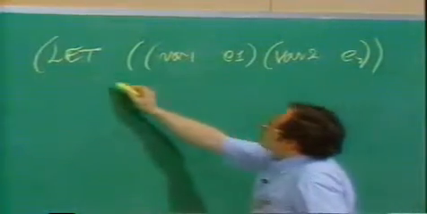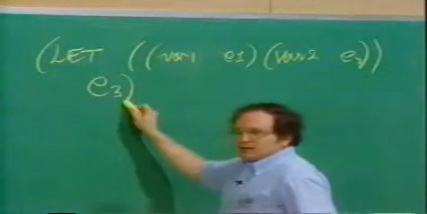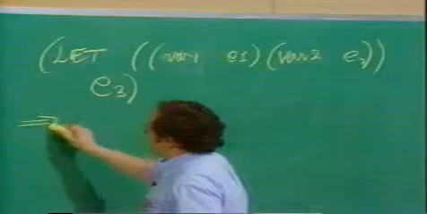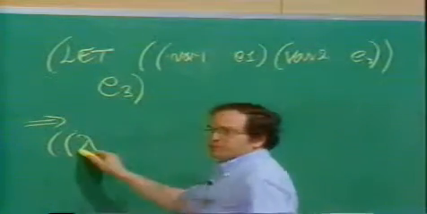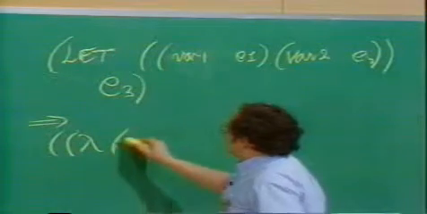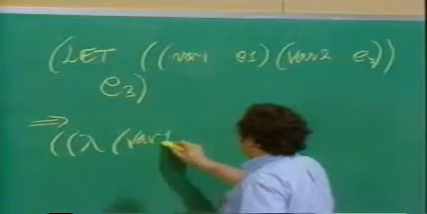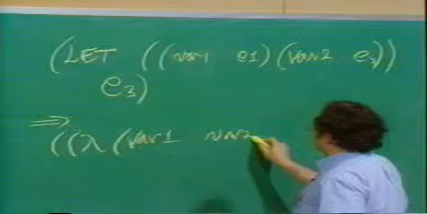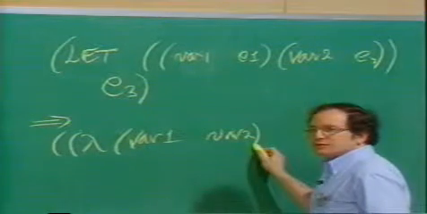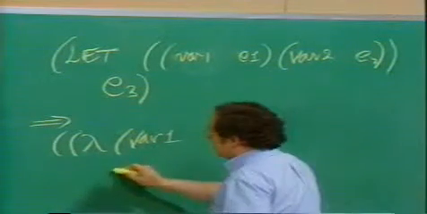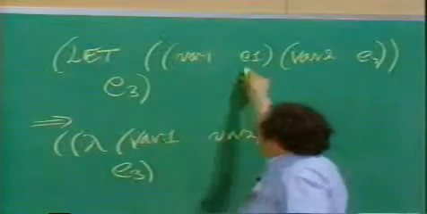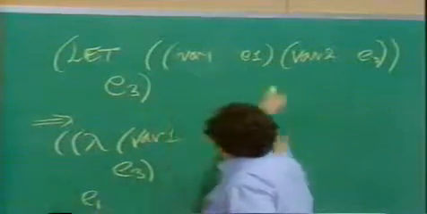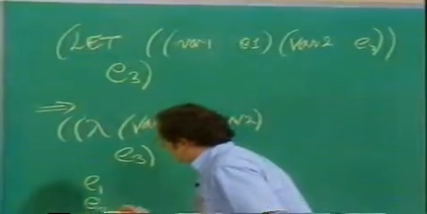In an expression E3 is the same thing as a procedure of var1 and var2 being formal parameters, and E3 being the body, where var1 is bound to the value of E1 and var2 gets the value of E2.